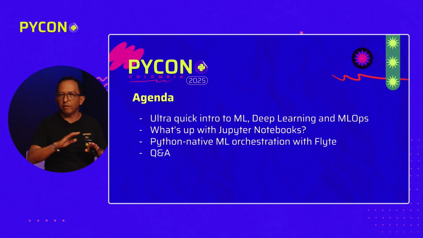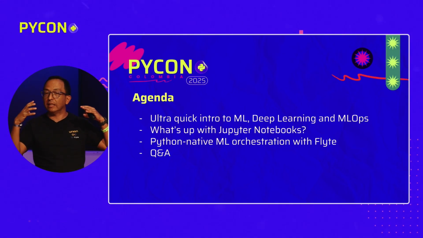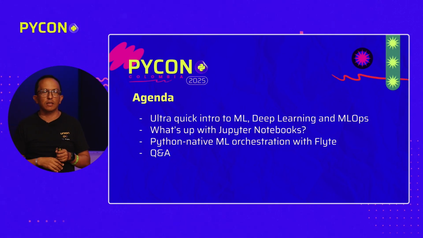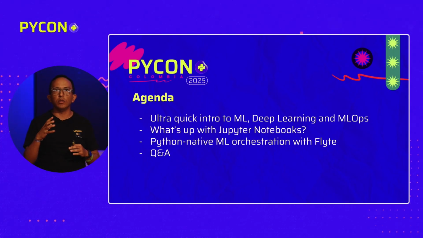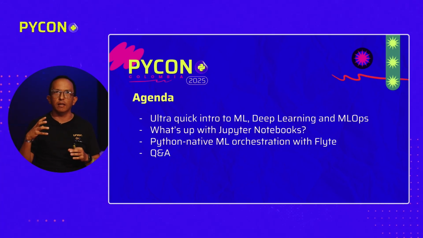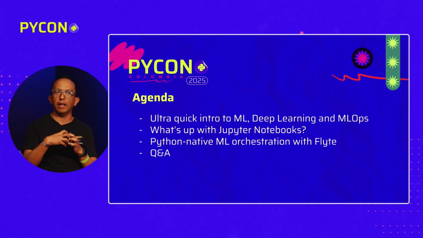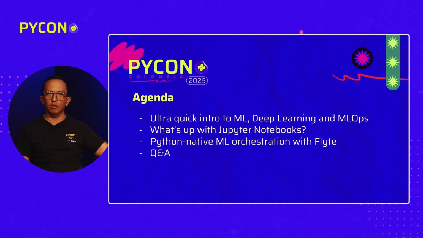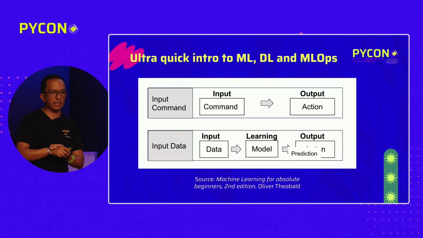I will miss a lot of details, so if this quick intro raises questions, feel free to ask at any time. Happy to help. And we'll also see how a platform behind Jupyter notebooks can help bridge the gap between a notebook and production. Right, so let's get started.